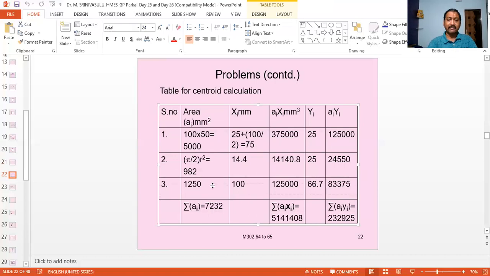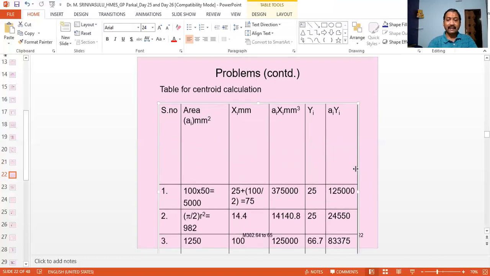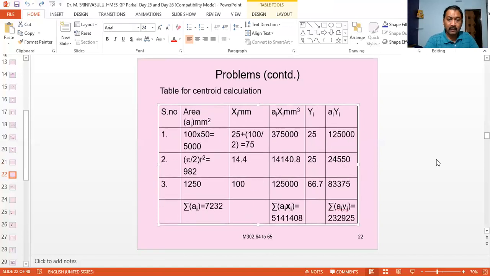Now the term a3 into y3 is becoming 83375. Now we have to find out the sigma A. Adding all the areas, it is equal to 7232. And sigma ai into xi, nothing but a1 into x1 plus a2 into x2 plus a3 into x3, that is equal to 514140.8.